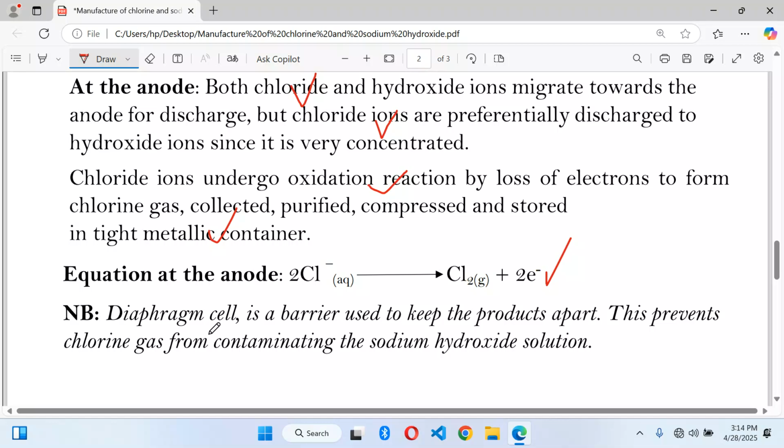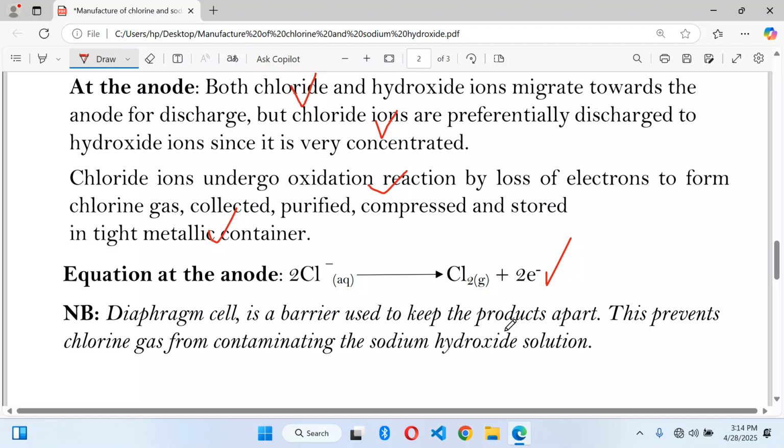Diaphragm cell. Why do they say diaphragm cell? I believe we understood the first one where we said the mercury cell. Now, the diaphragm cell is just a barrier used to keep the products apart. It is the barrier that they put in the middle, when you have one electrode on one side and another electrode on the other side, so that the products are apart.